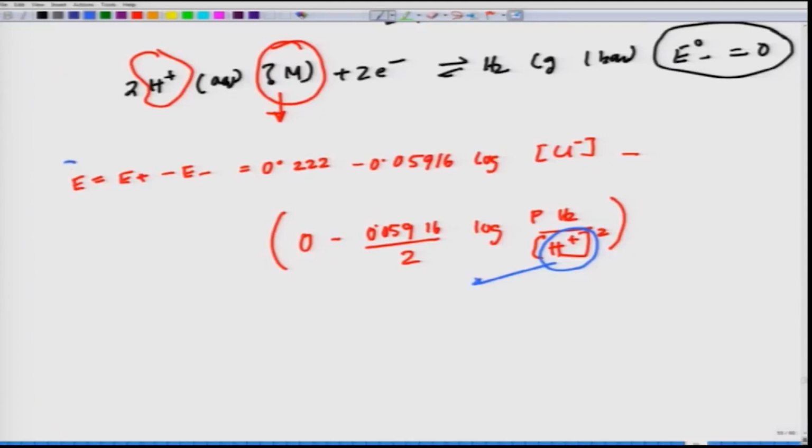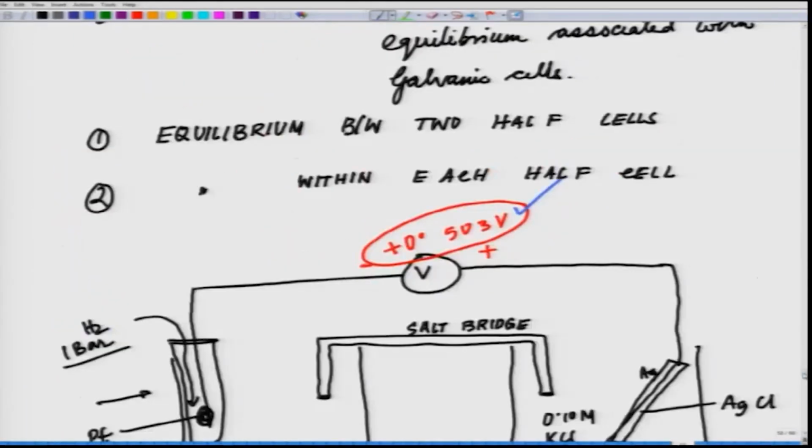So now what you do out here, you know this, which is your 0.503 volt. This is experimentally measured, because this is not at equilibrium.